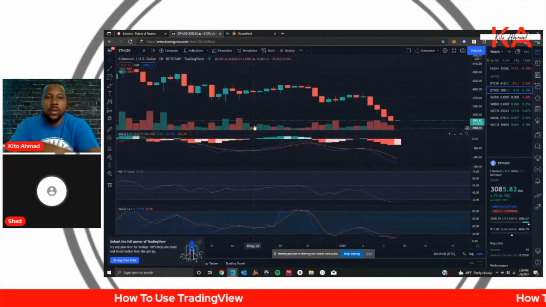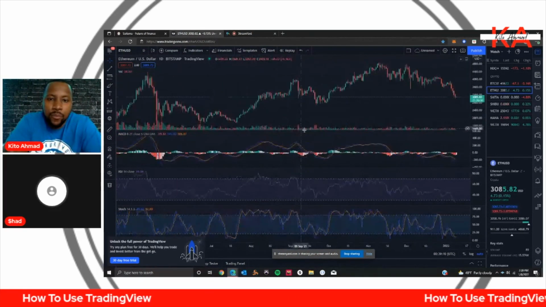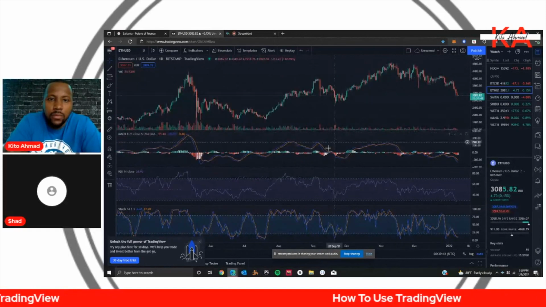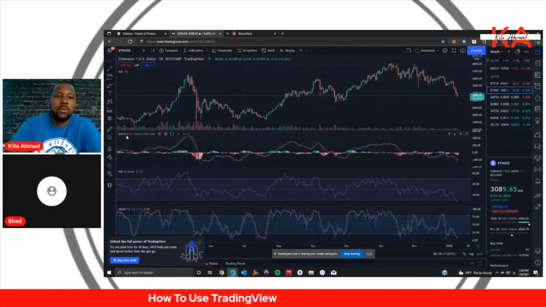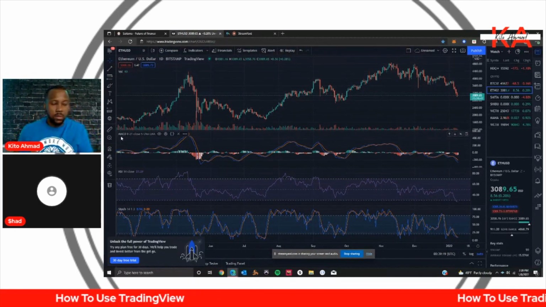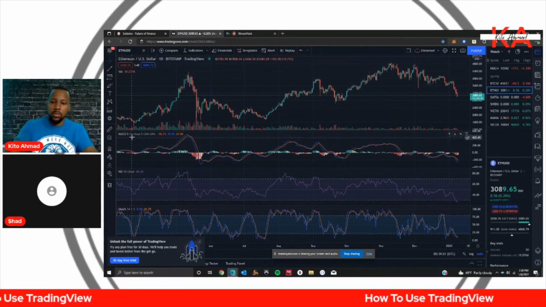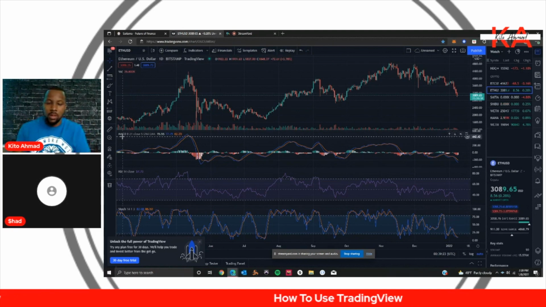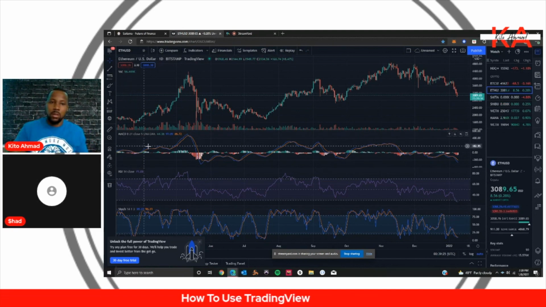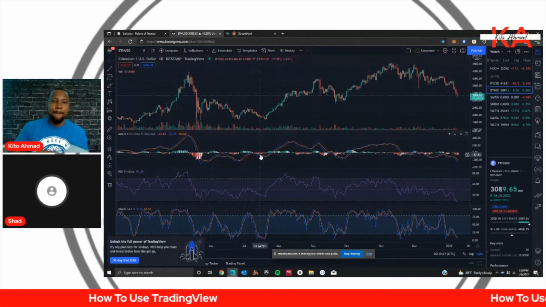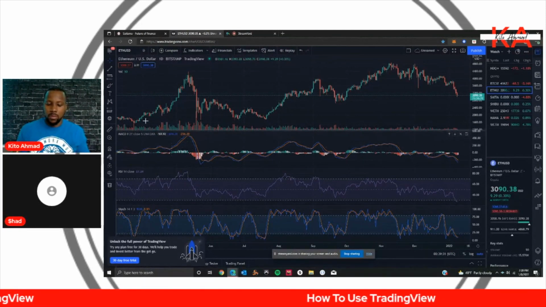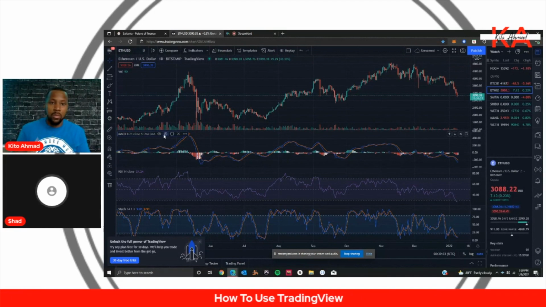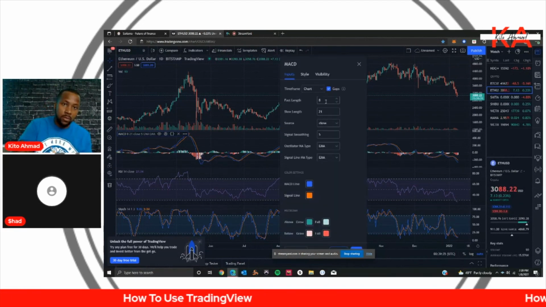Okay. Now, there's several other features that I use when analyzing charts. I use the MACD. This is the moving average convergence and divergence graph. You can change the settings of how you want the data to move.